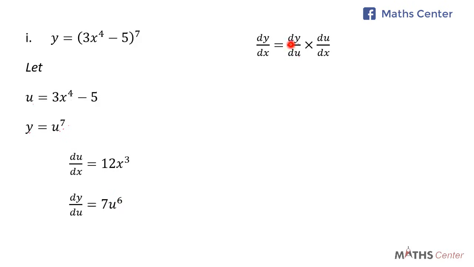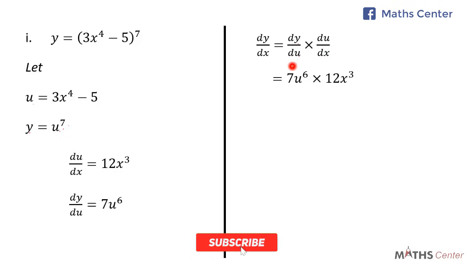Okay. Now we have dy/du, we have du/dx, so you can substitute. When you do the substitution, dy/du is 7u^6 and du/dx is 12x^3. When you multiply this, 7 times 12 gives us 84. So you have 84x^3 and then u^6.